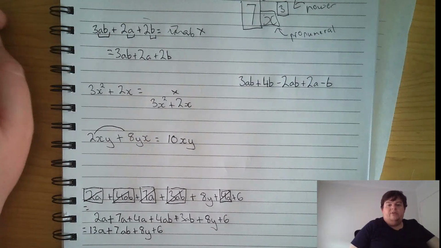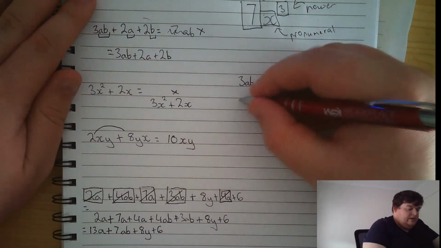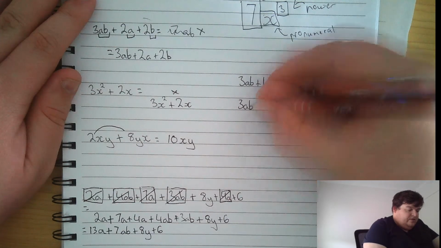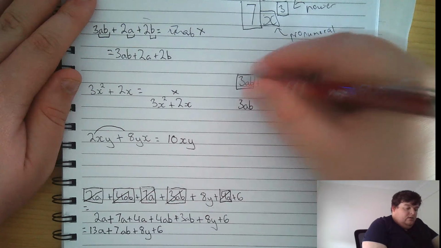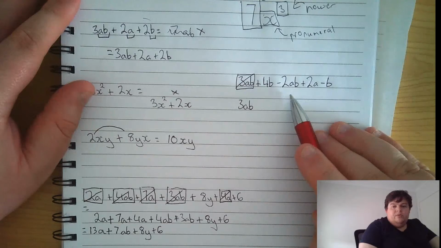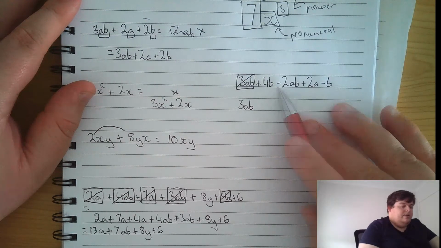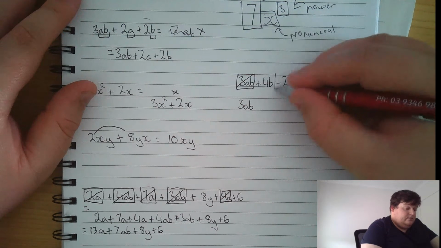So again, I'm going to try and do the same thing and arrange everything together. So I'm going to do my 3ab first. Are there any other ab's? Now when I get my 2ab, it's important to note that the sign in front has to go with it when you shift things around.